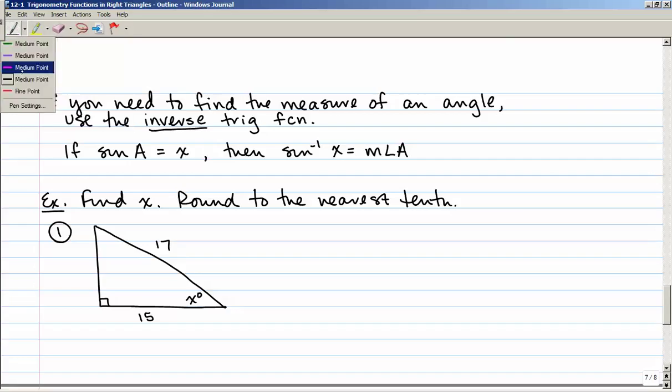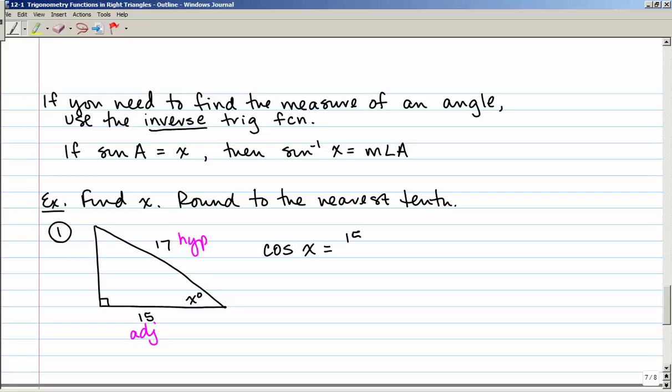So in relation to x, 15 is adjacent, and 17 is the hypotenuse. So the trig function that uses adjacent and hypotenuse is cosine. And remember I said you always take the sine, cosine, or tangent of an angle. So I'm going to take the cosine of x, and that's equal to adjacent over hypotenuse, or 15 over 17.